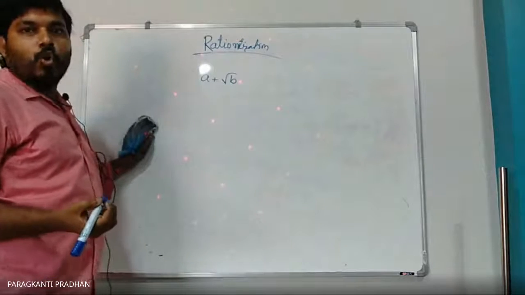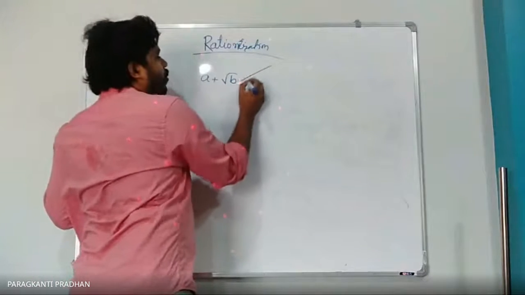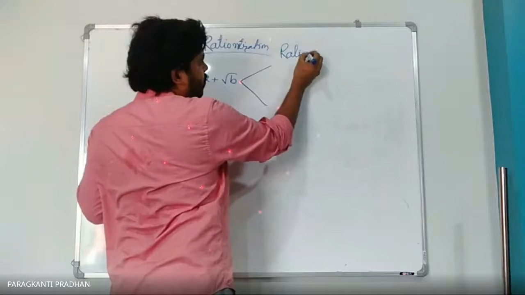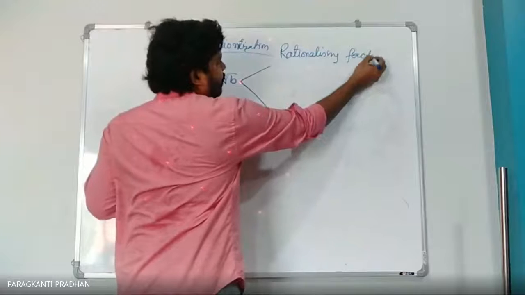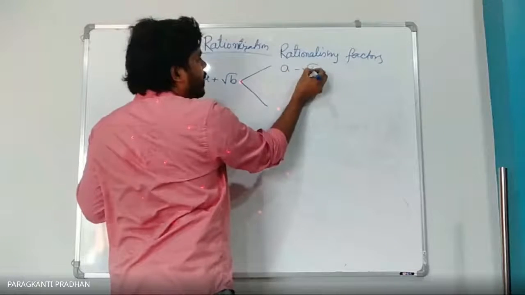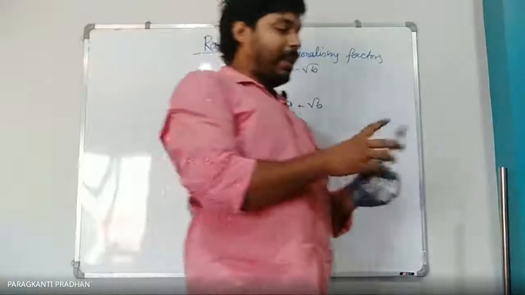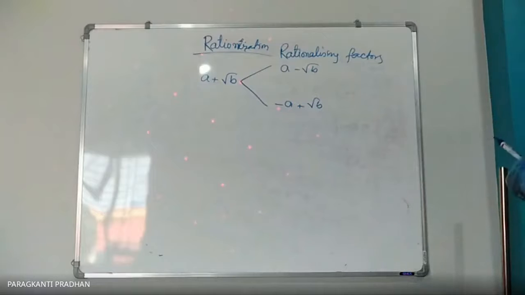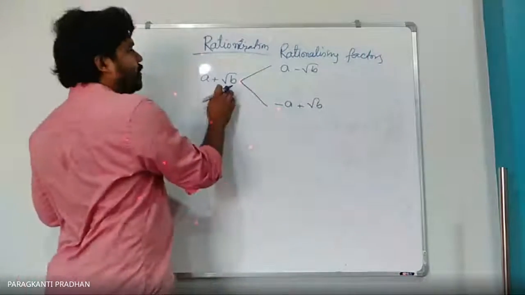A plus root b is an irrational number and it has two rationalizing factors, that is a minus root b and minus a plus root b, to make it a plus b into a minus b.